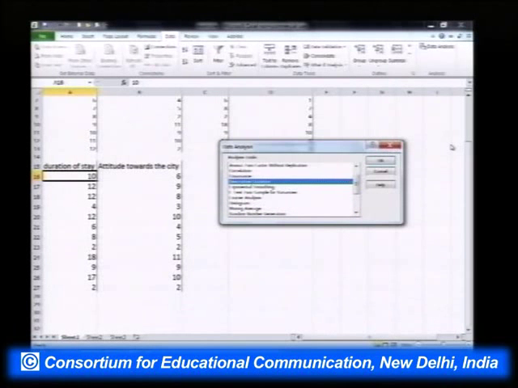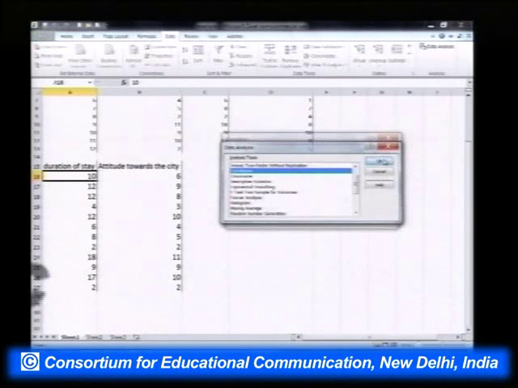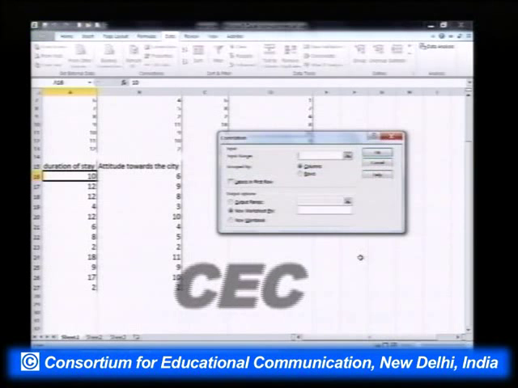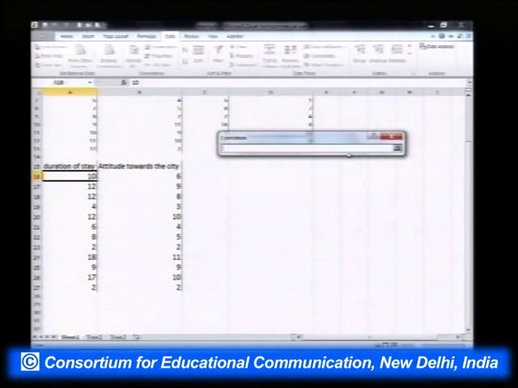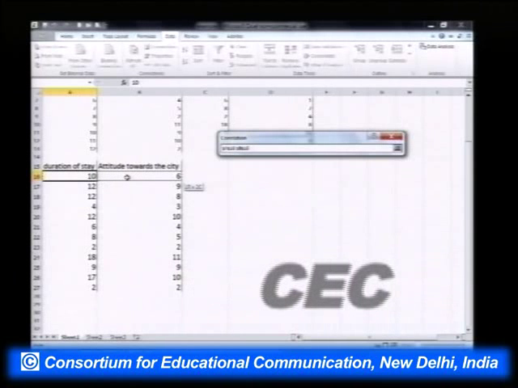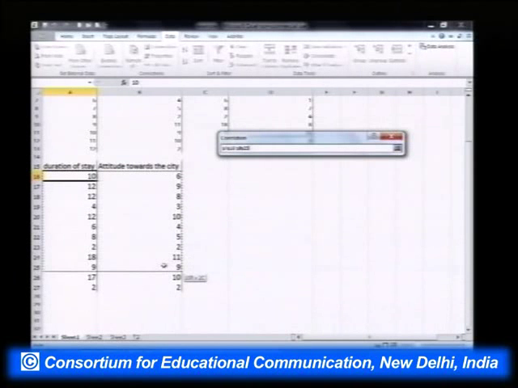Now we have to calculate correlation, so we select Correlation and click OK. This is the dialog box that will appear. It will ask for the input, and we go to the input range and select the entire data set from the first to the last.